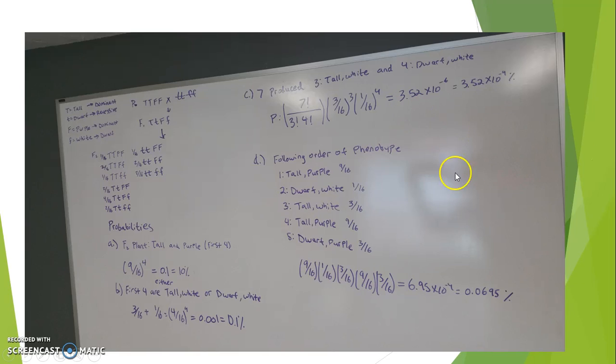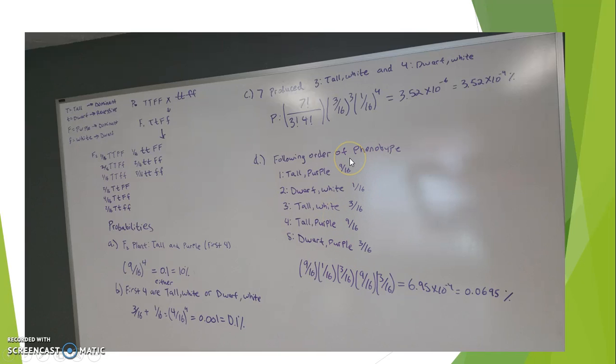And so we want the following order of the phenotype. We want the first one to be tall and purple, the second to be dwarf and white, the third to be tall and white, the fourth to be tall and purple, and the fifth to be dwarf and purple. Basically I found the probabilities of getting a tall and purple, which is 9 out of 16, and I found the probabilities for each one of these according to this key, and then used this key to determine the phenotypes.